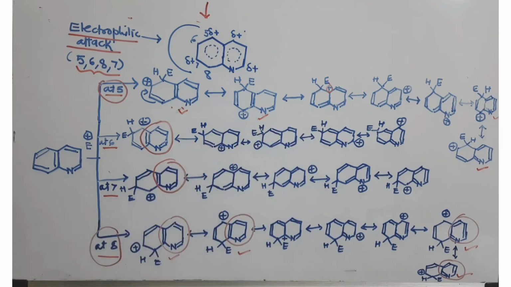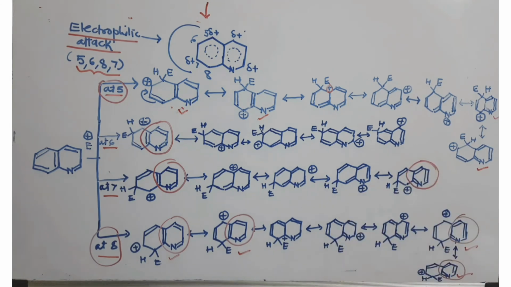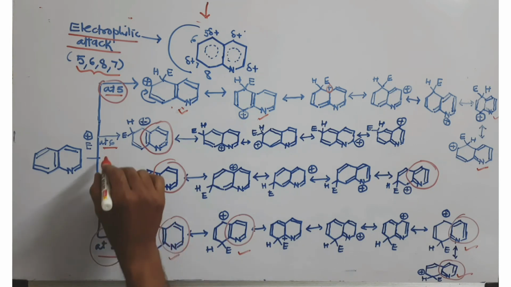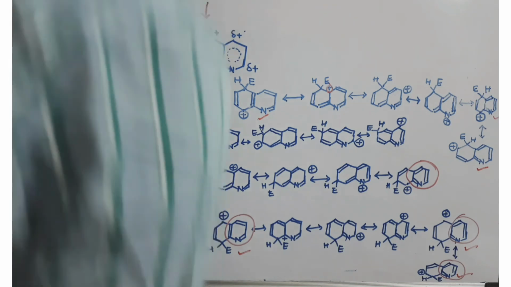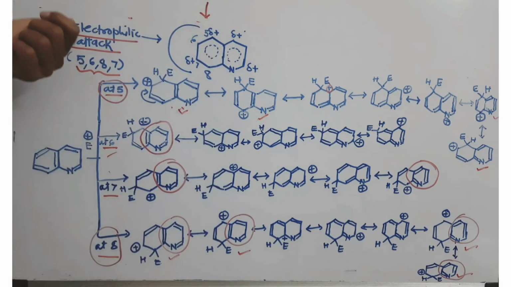Here also in one structure, or you can consider it in the final structure. So out of these structures, only 1 or 2 resonating structures have an aromatic ring. So this is again the reason why attack at carbon number 6 and 7 is not common as compared to 5 and 8.